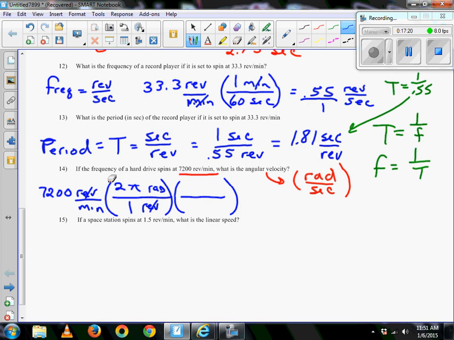So Jessica, where are you going to put them? On the top. And how many seconds are in a minute? 60. Now I need some help doing some math here. 753.6. Oh, look at that. And it's going to be in radians per second. Cool.